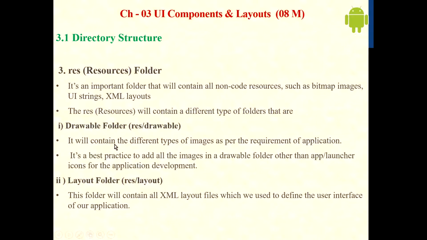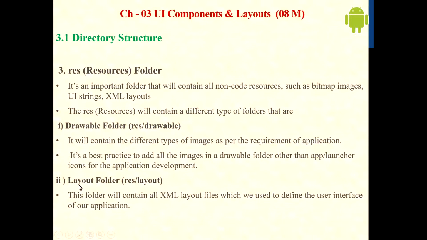It will contain different types of images as per the requirement of the application. If we use any images in our application, that image is present in the drawable folder. Second point, it's a best practice to add all the images in the drawable folder, other than the app launcher icon, for application development.